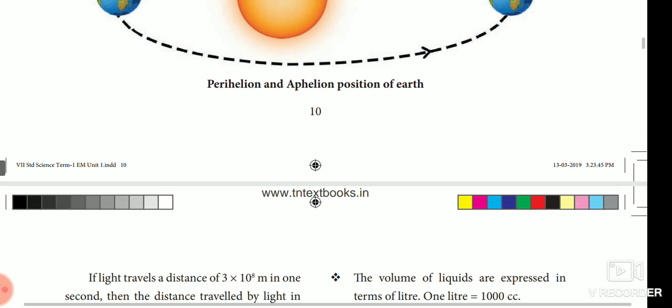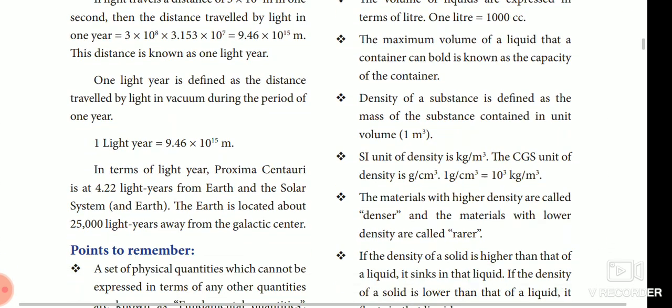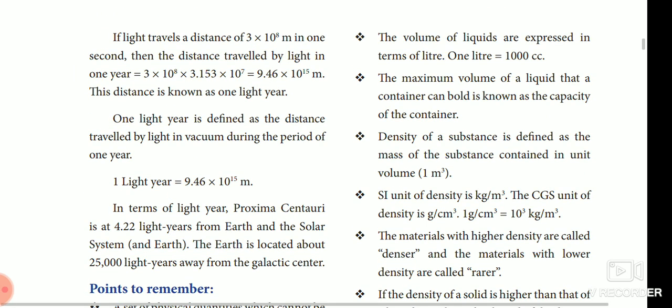Okay, next, you see here, if light travels the distance of 3 into 10 power 8 meter in 1 second, then the distance traveled by light in 1 year, ஒரு ஆண்டில் ஒளி கடக்கக்கூடிய தொலைவு, is 3 into 10 power 8 multiply 3.153 multiply 10 power 7.